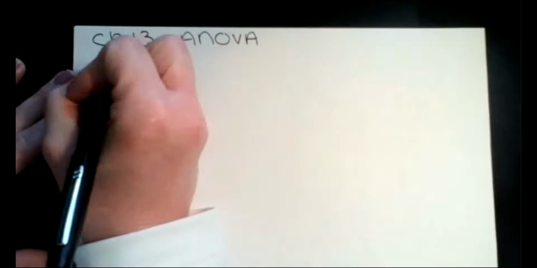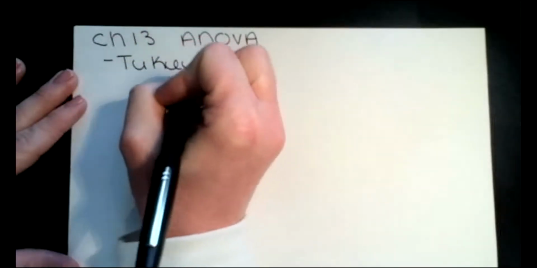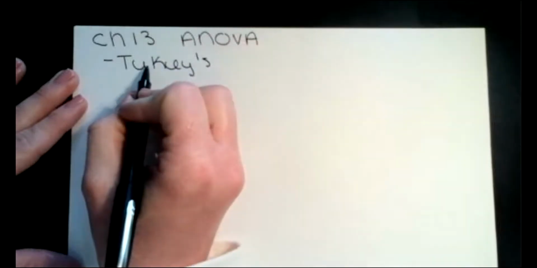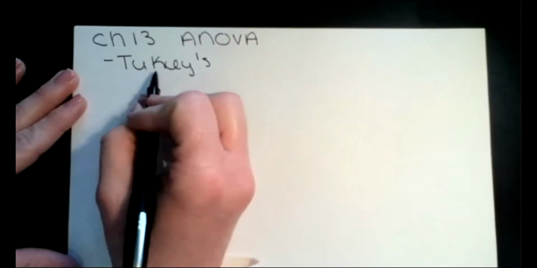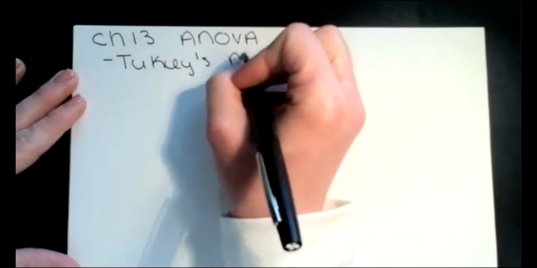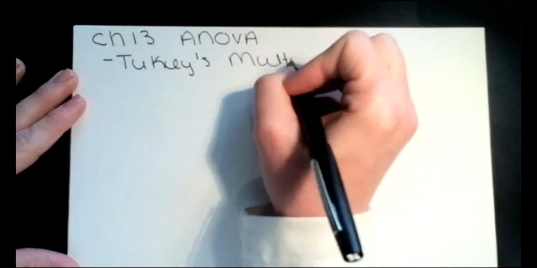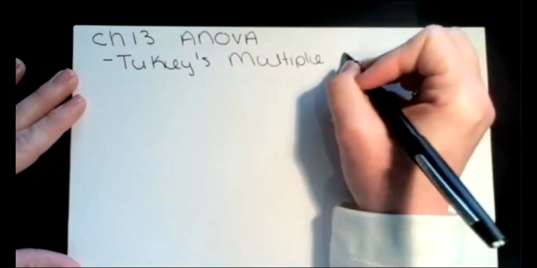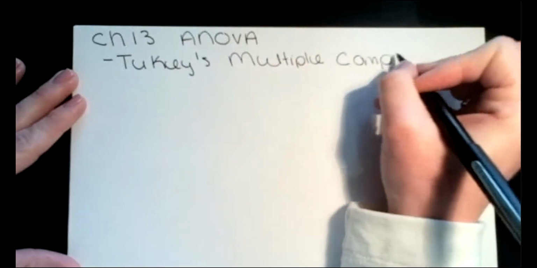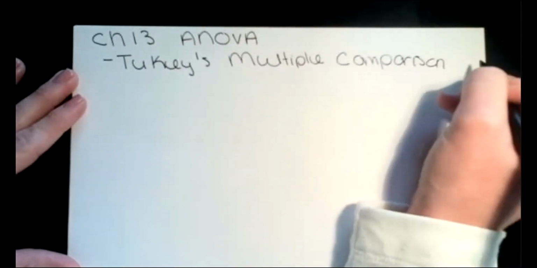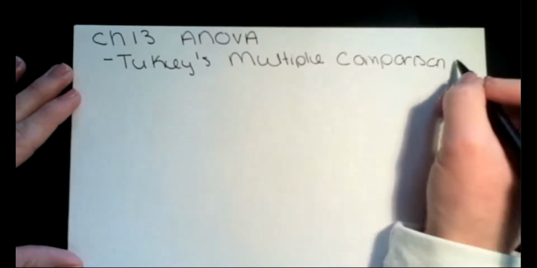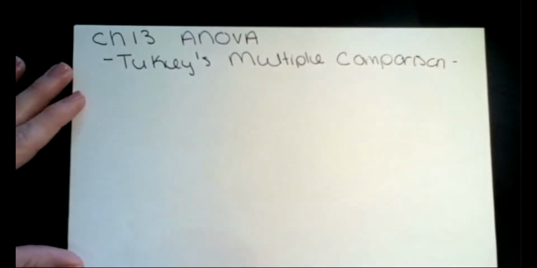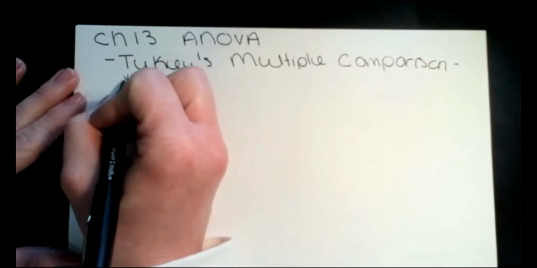And today's topic is called Tukey's. There's no R, it's not turkeys, just Tukey's. Multiple comparison. So when we're looking at this multiple comparison, we can call this a couple different things.